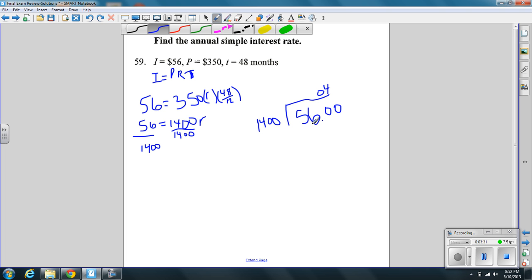So 4 times 1,400 is 5,600. Subtract, you get an answer of 0. Decimal goes straight up. So the rate equals 0.04, or 4%. Move the decimal twice, 2 places.